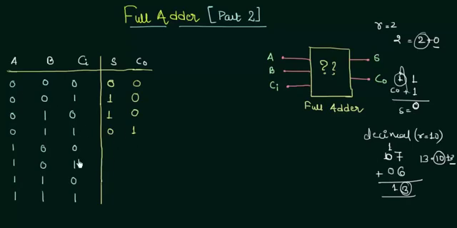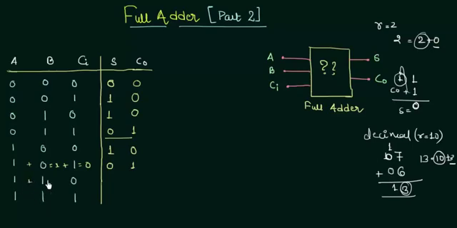circuit part. Now in this fifth case, A is 1, B is 0, so 1 plus 0 is 1, and Ci is 0, so 1 plus 0 is again 1, sum is 1, and carry output is going to be 0. Let's do it. 1 plus 0 gives you 1, and 1 plus 1 gives you 0. So the sum is 0, but the carry is 1, like this case.